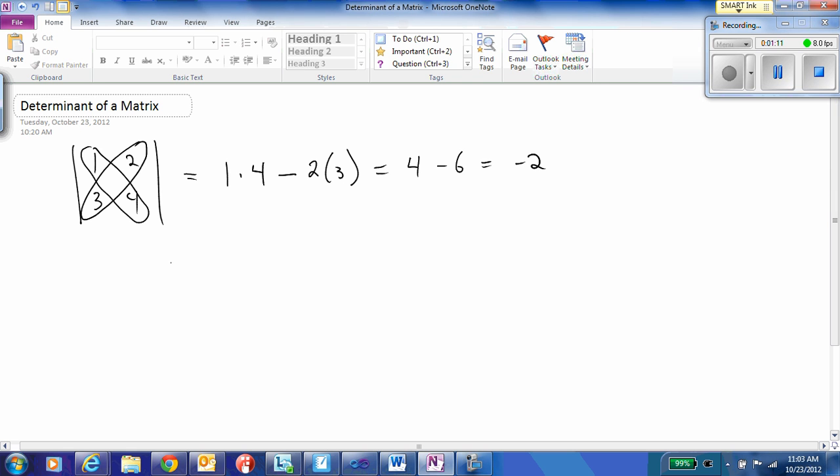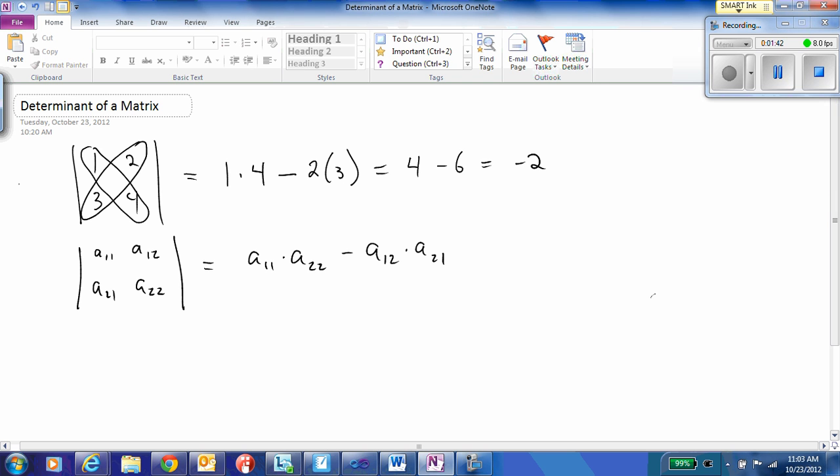If we want to see that in general, we can rewrite this as arbitrary terms, A11, A12, A21, A22, where they're representing row and column with the subscript. This is going to be A11 times A22 minus A12 times A21. This is the determinant of a 2 by 2 matrix.